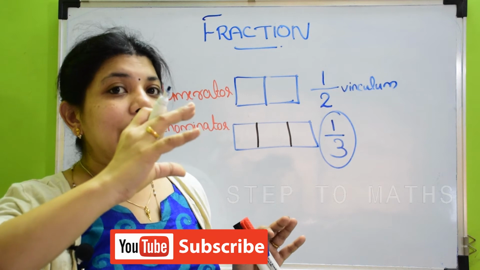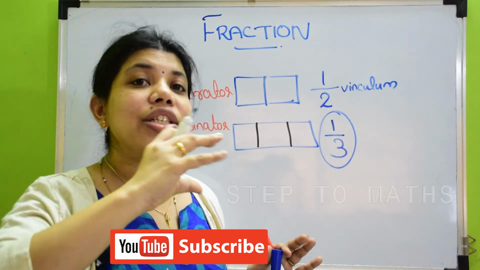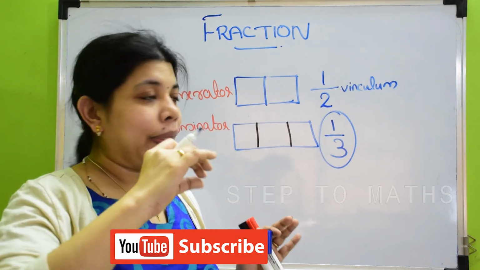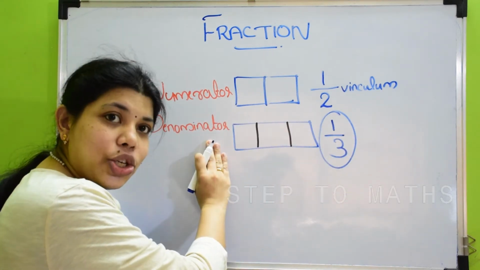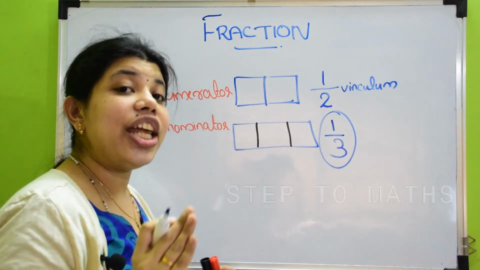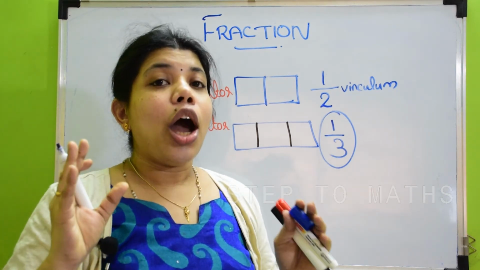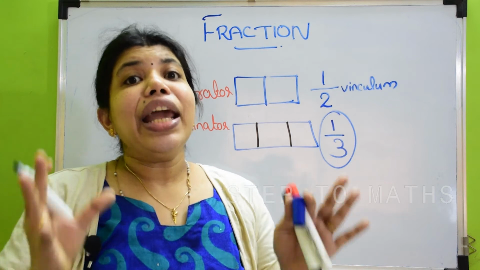That number indicates how many parts we consider, and the number below the line is the denominator. The denominator indicates how many parts are totally available.